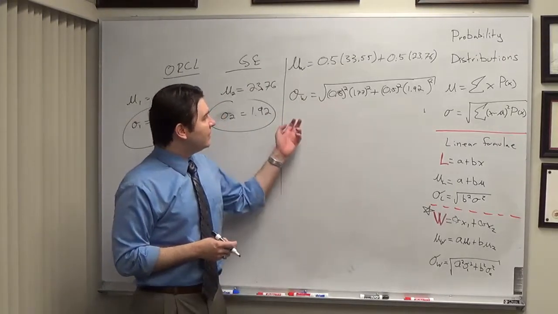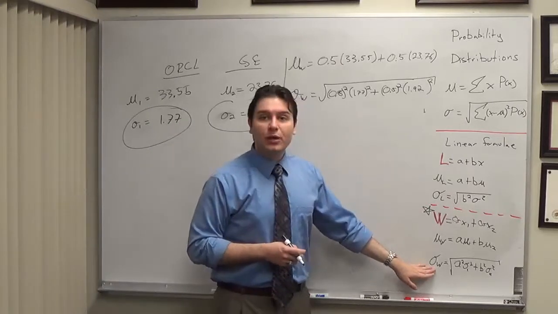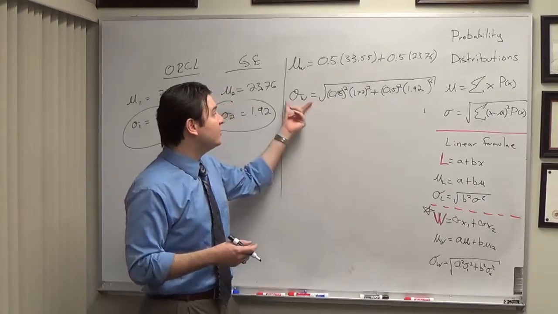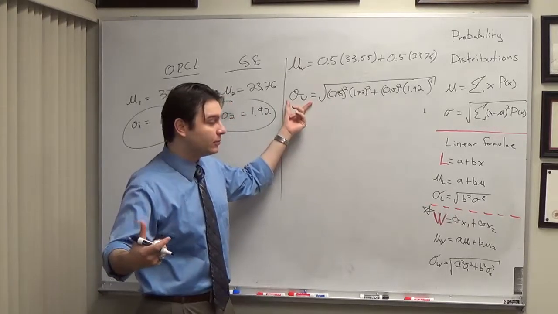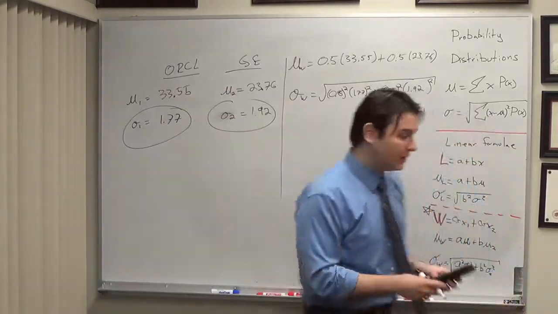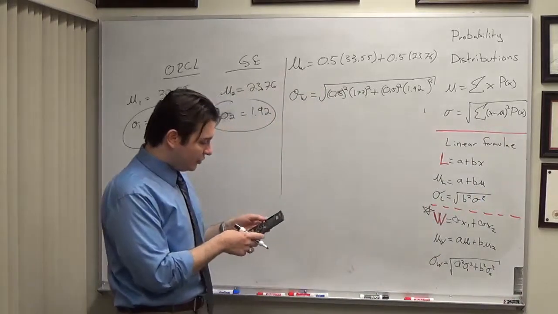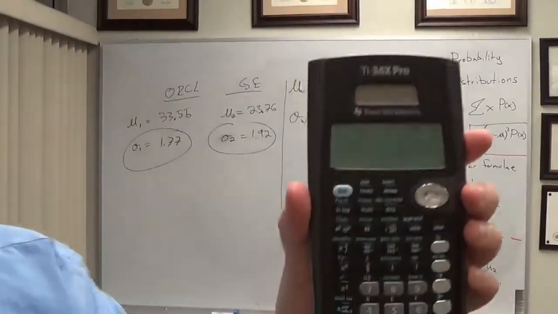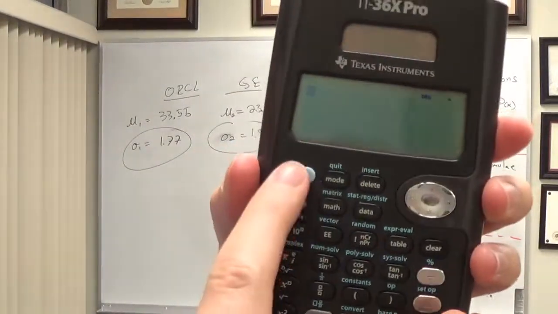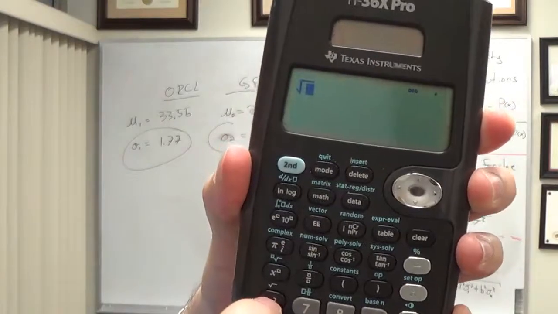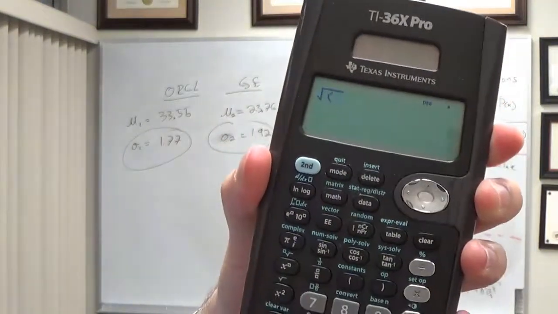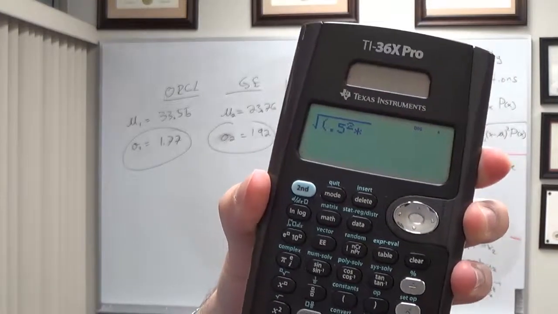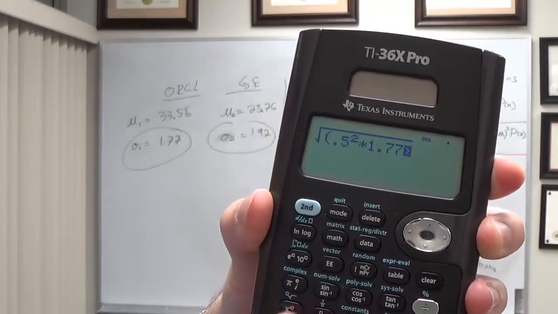Anyway, this is my sigma W. And as we do this process, we're able to see how we would join it and calculate the new sigma of the portfolio. Let's go ahead and do that. I am going to use my calculator, and let me just show you how we're pulling that off. I'm going to hit second, and I'm going to hit the square root formula. And then I'm going to hit parens, I'm going to hit 0.5 in the squared button, times 1.77 and the square button.